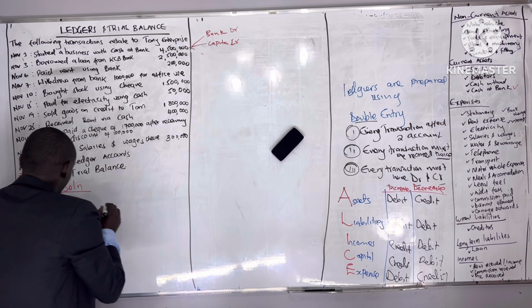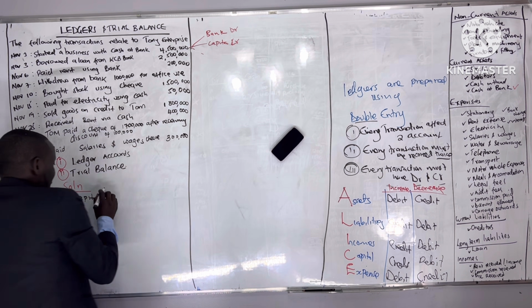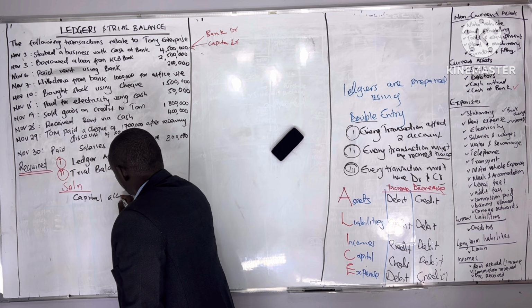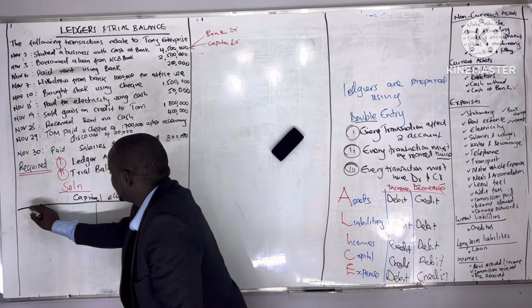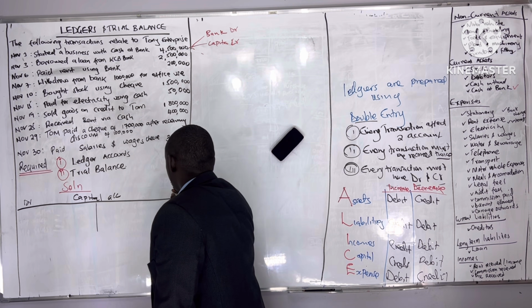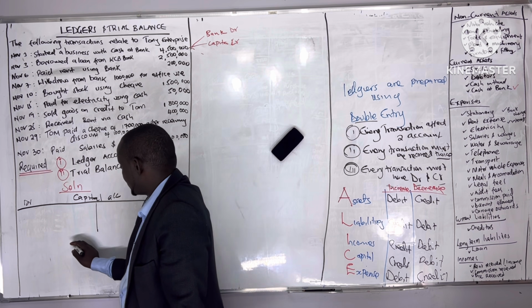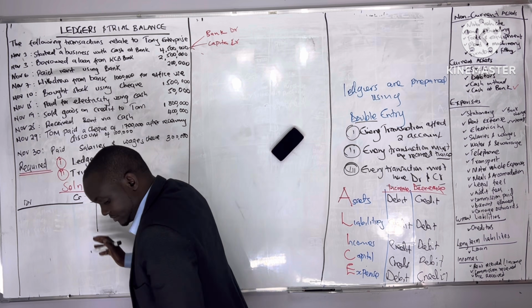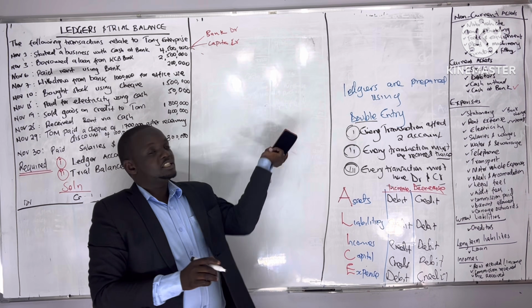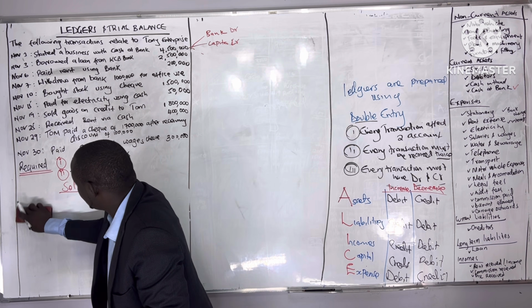We start with the capital account, then we have debit, we have credit. Let me start with the bank account this side, just because of space.